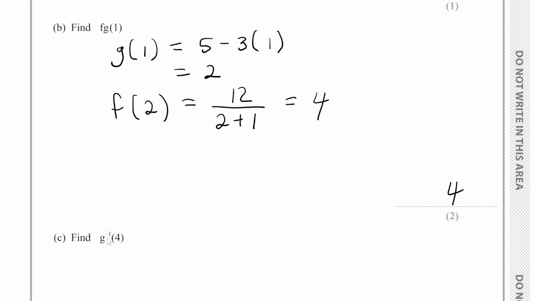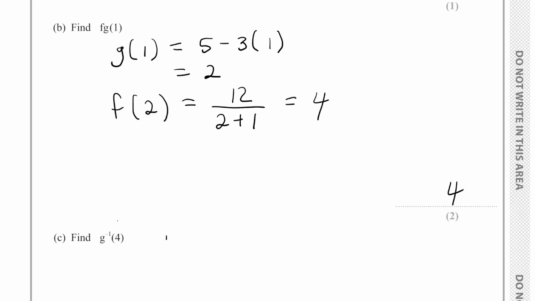Find g minus 1, so the inverse of g. g minus 1 of x, the inverse function, does the opposite. So the output becomes the input, and the input becomes the output.